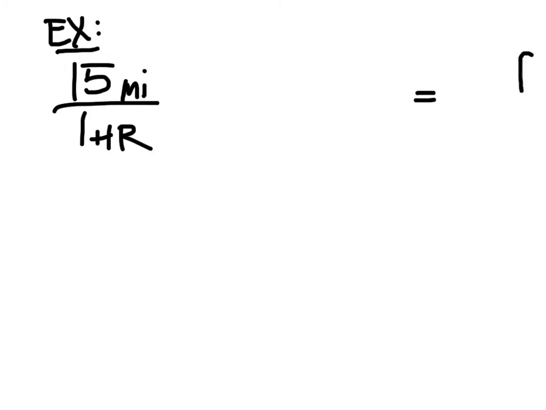Okay. So remember the squirrel, he's running at, that's a chipmunk. He's running at 15 miles per 1 hour. And we want to know what this is in feet per second. So over here, I'm going to show that we want this in feet per second.